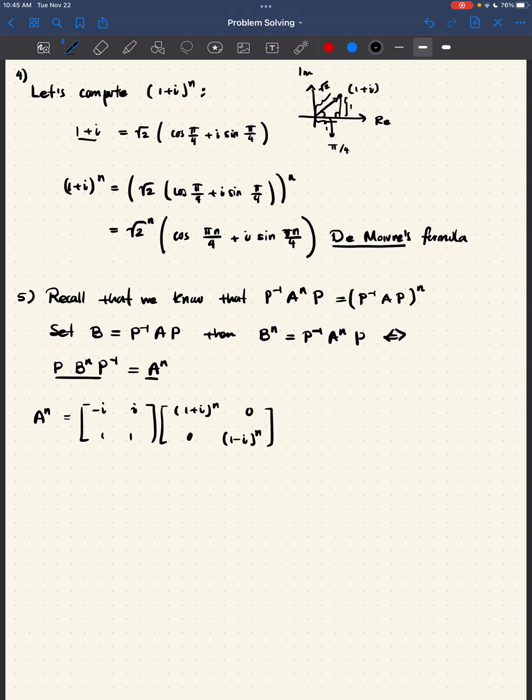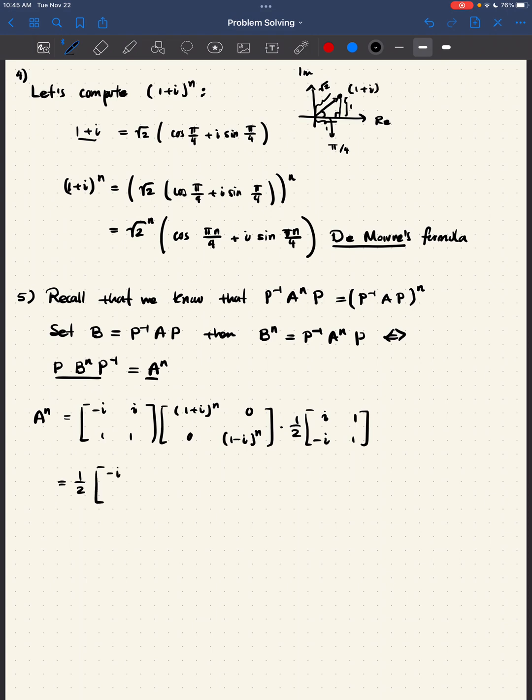Remember, powers of diagonals are just computed by finding powers in the main diagonal. So times 1/2 of the matrix i, 1, negative i, 1. And well, we'll expand this to become this one.